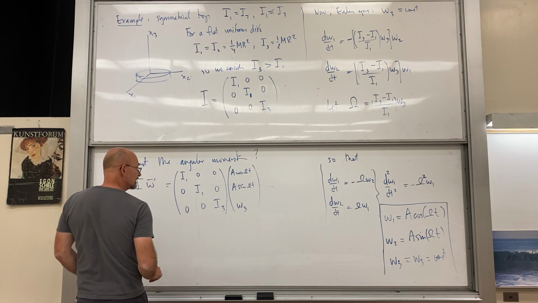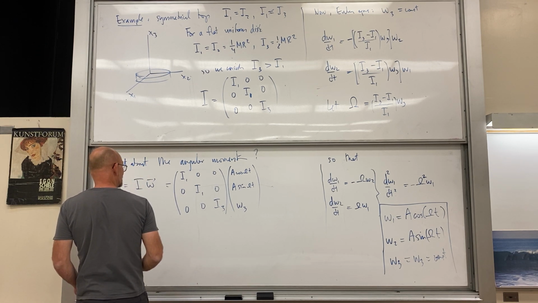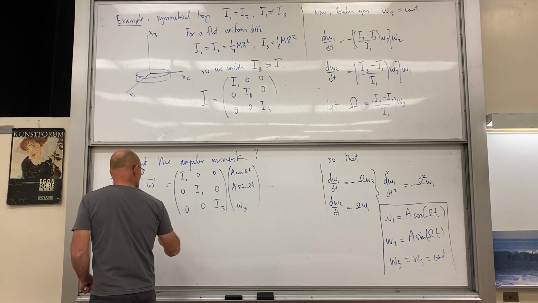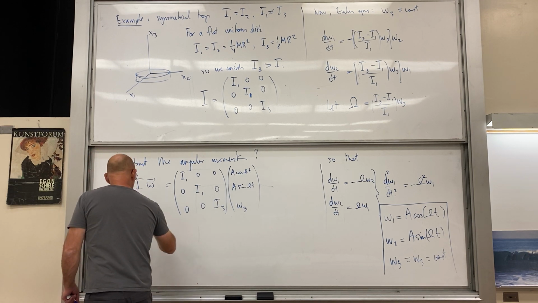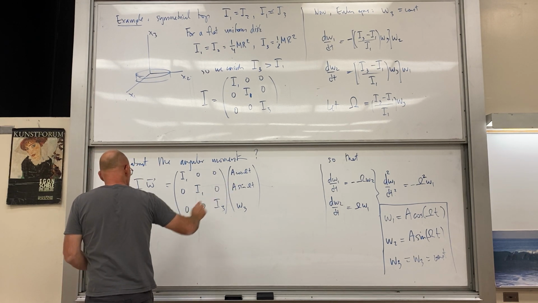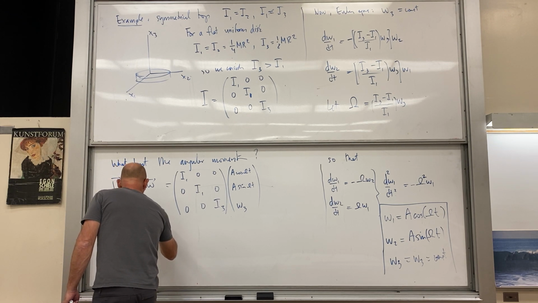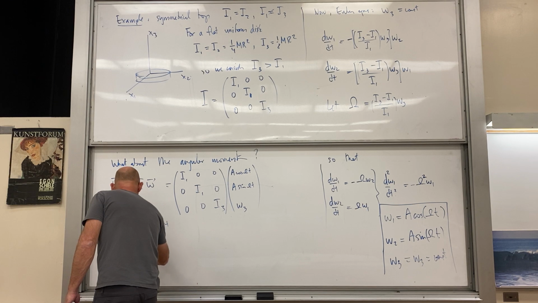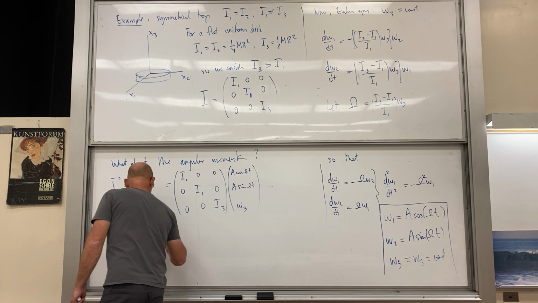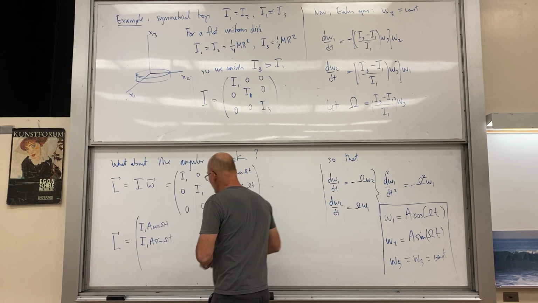So L equals, let's write it as a vector, and then we'll compare the two. Here we have I1 a cos Ωt, I1 a sine Ωt, and then I3 ω3.